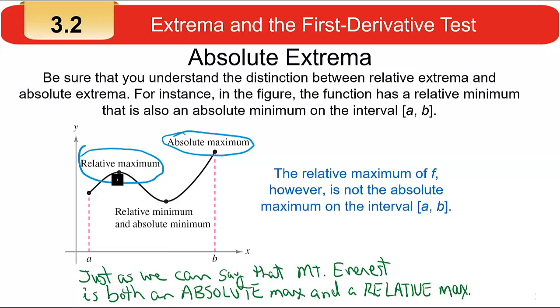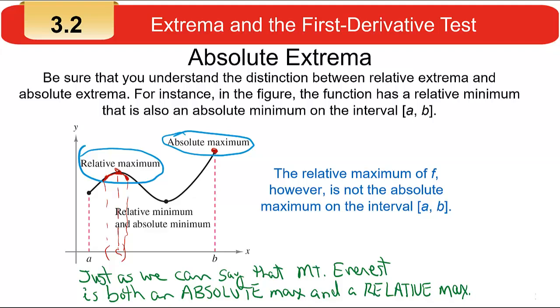However, the relative maximum, which is to the left of the absolute maximum, if you think of this as being some point C, and you're looking in the neighborhood of C, there is no value any higher than that value in the neighborhood. So that's a relative maximum, but it is not the absolute maximum, because this point has a larger y value than this point. In this example, you have a relative maximum that is not an absolute maximum, and you have an absolute maximum that's not a relative maximum.